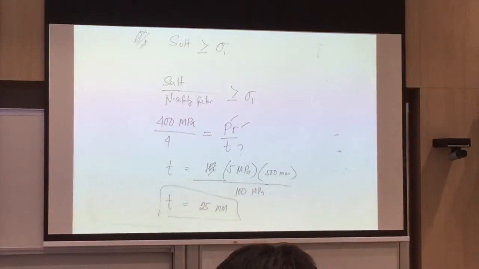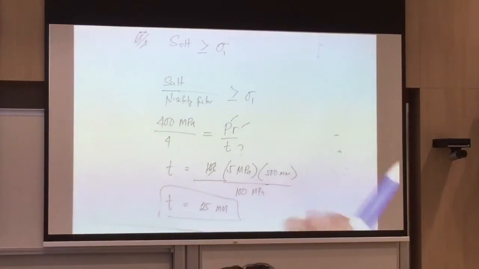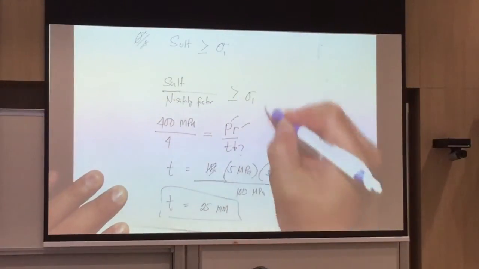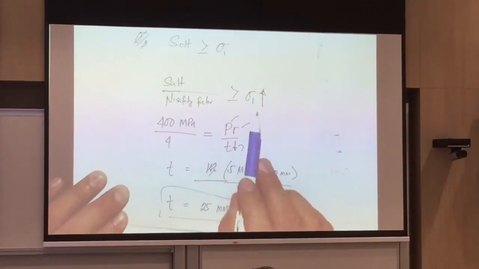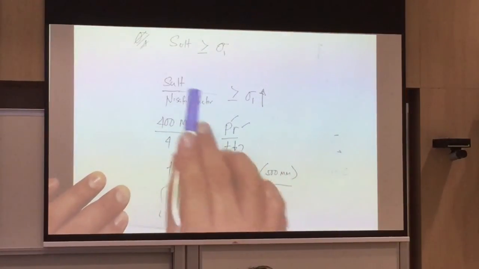So you cannot go lower than 25. You can go higher than 25 because if you go lower than 25, then this one will increase. So if this decreases, that will increase. Yes? So you can increase your thickness to say 50 millimeters and so on, but you cannot reduce the size, otherwise your first principal stress will be greater than your working stress.